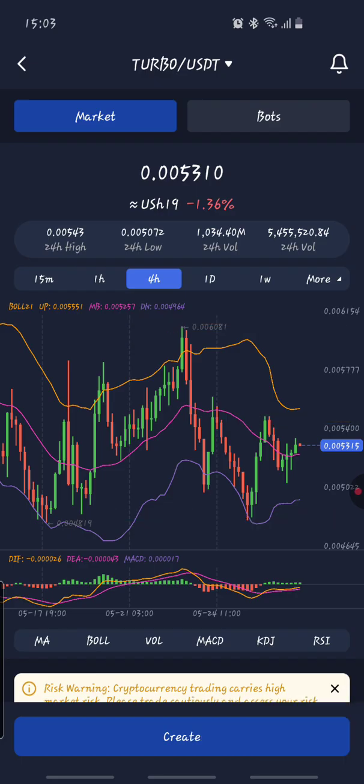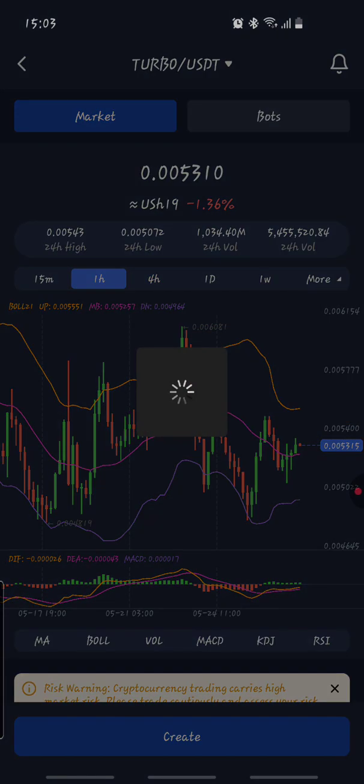Still you can go to 1 hour and have a look. When you click on 1 hour, each candle will stand for 1 hour. I will teach you about those things about basic analysis.